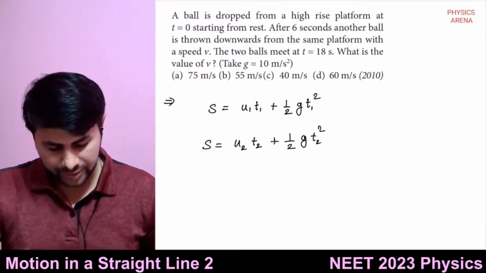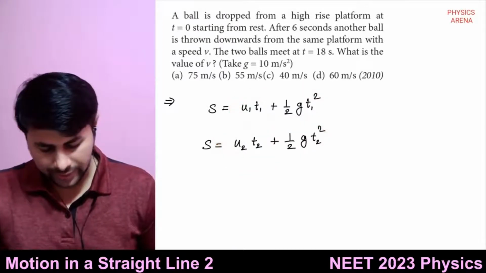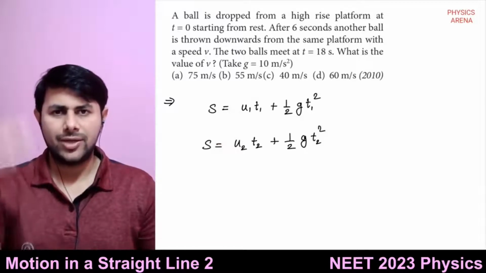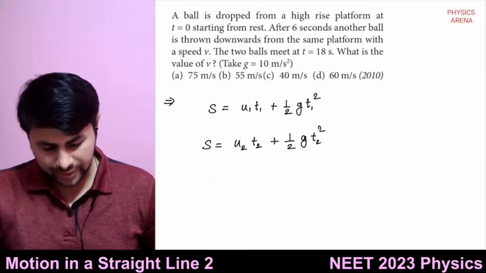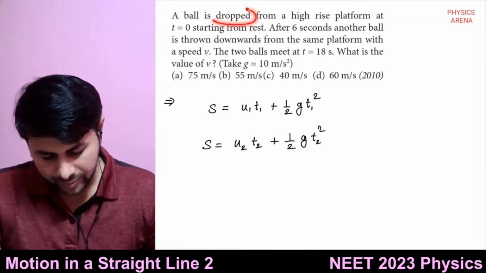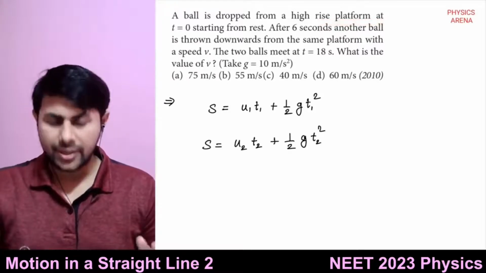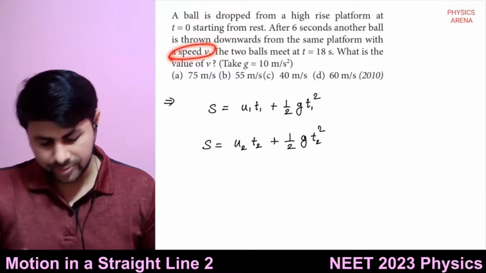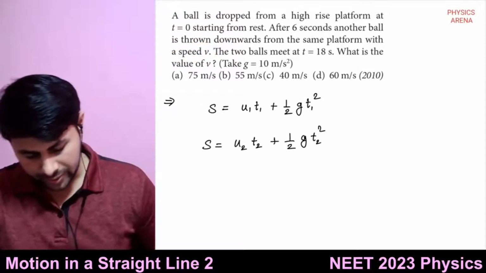So you can equate these two, right, because distance covered by both the balls will be same if they are meeting at any time. So I can write that, okay, first ball is just dropped, it has no initial velocity, and second ball is thrown with speed v.